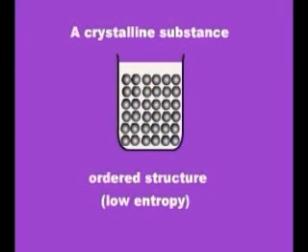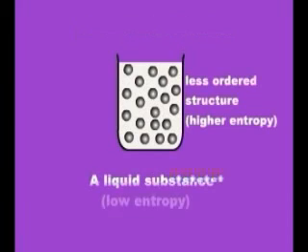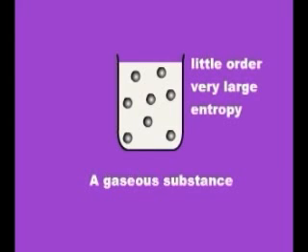A crystalline substance with a highly ordered structure usually has a low entropy, whereas a liquid has a higher entropy value due to the less ordered arrangement of molecules. In gas, there is little order and the entropy is relatively large.